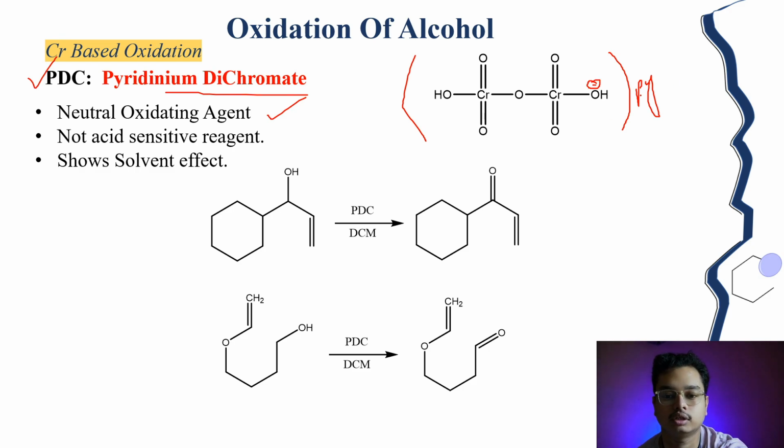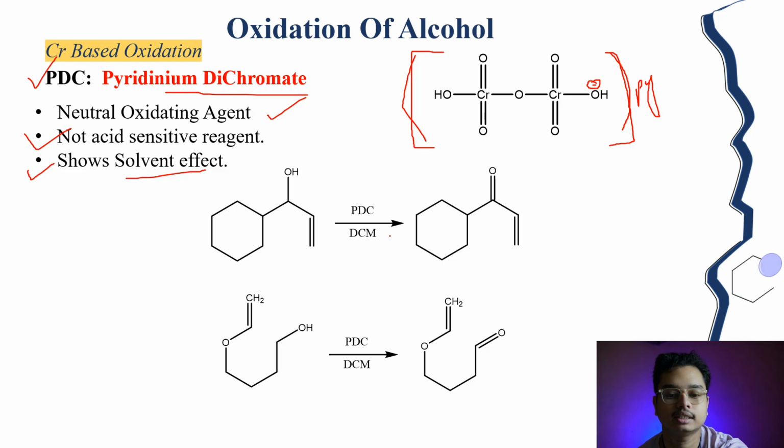That is not the main issue. This is our overall reagent, and it is a neutral oxidizing agent, and there is no acid here. That's why it is not an acid sensitive reagent, and interestingly, it shows a solvent effect. We'll discuss this in a later slide.